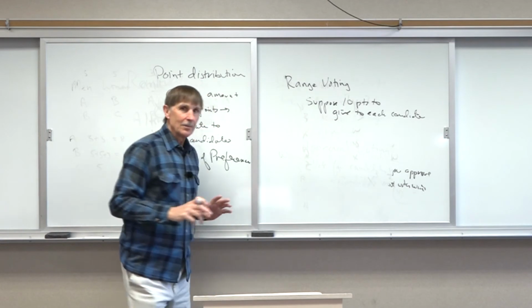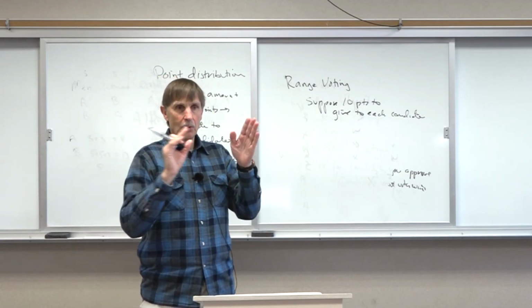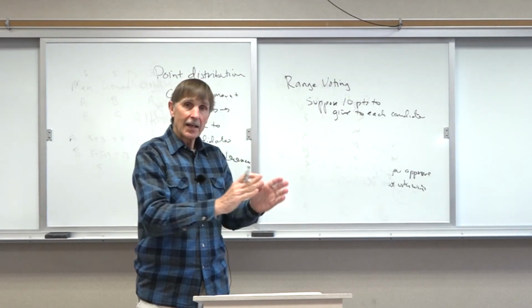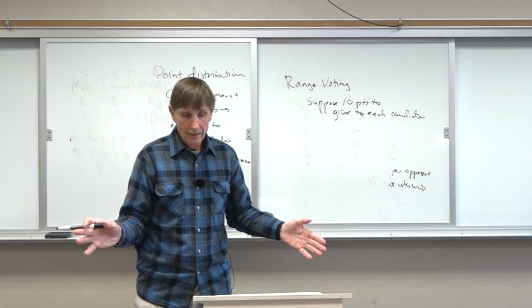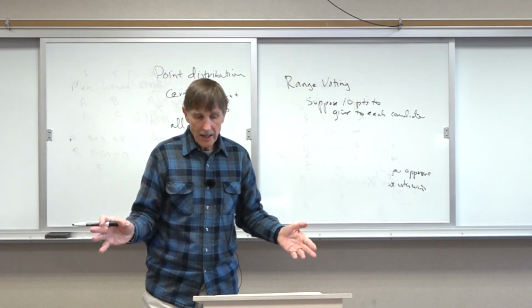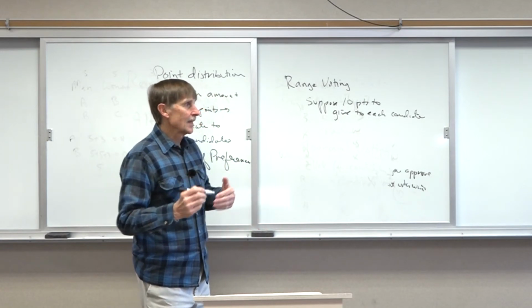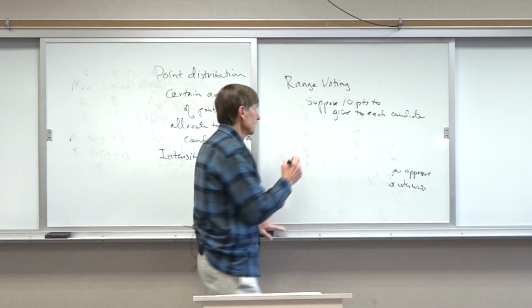What I mean by that is, for each candidate, I can assign a number 1 to 10, okay? Then the second candidate, I can assign a number 1 to 10. And the third candidate, I can assign a number 1 to 10. And so when you do that, the candidate with the highest average ends up winning.